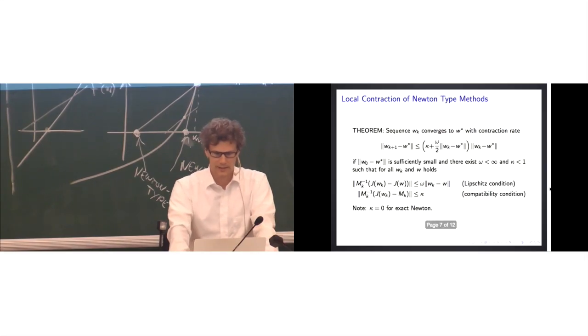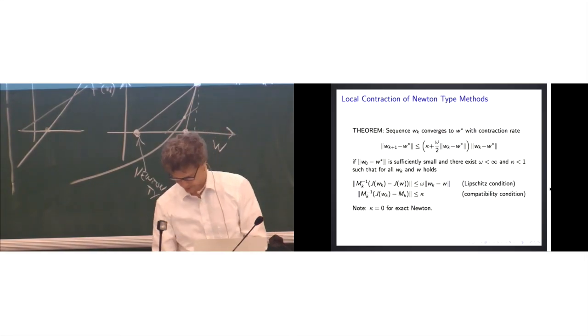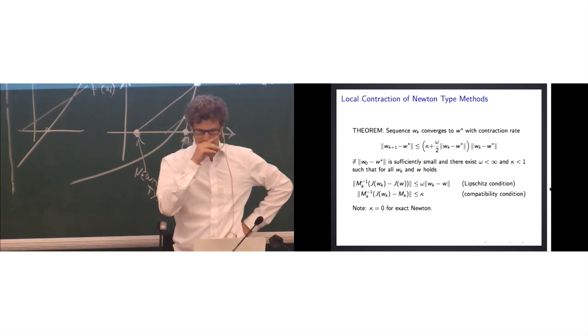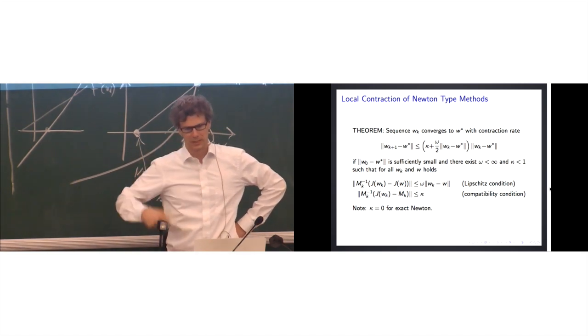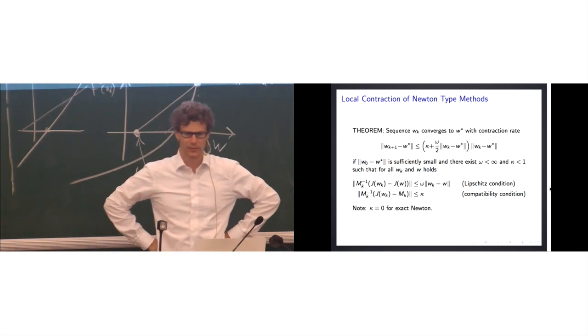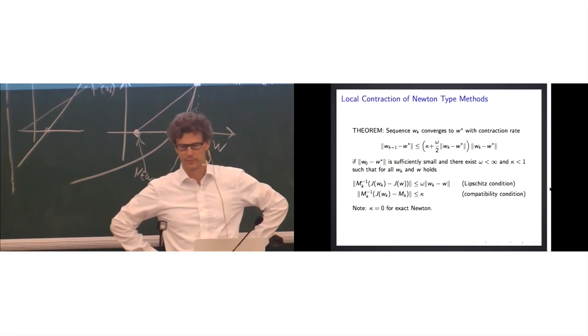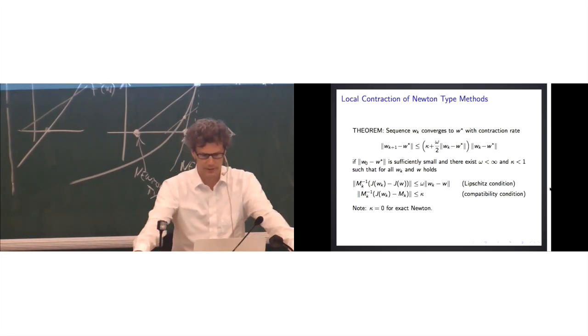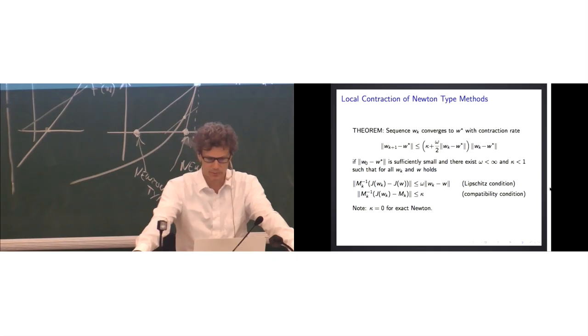I wanted to share with you one theorem which is relatively easy to prove, and so we also prove it, which gives basically a nearly complete answer to convergence of Newton type methods. It's a slightly simplified version of a more elaborate theorem that was proved by several people.